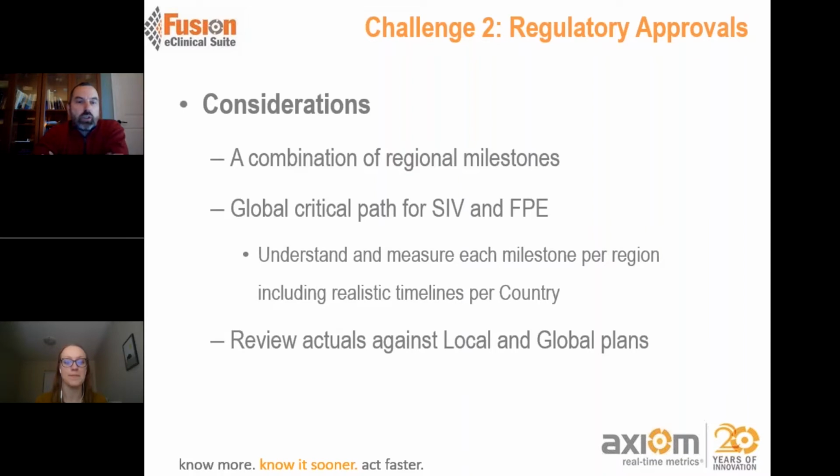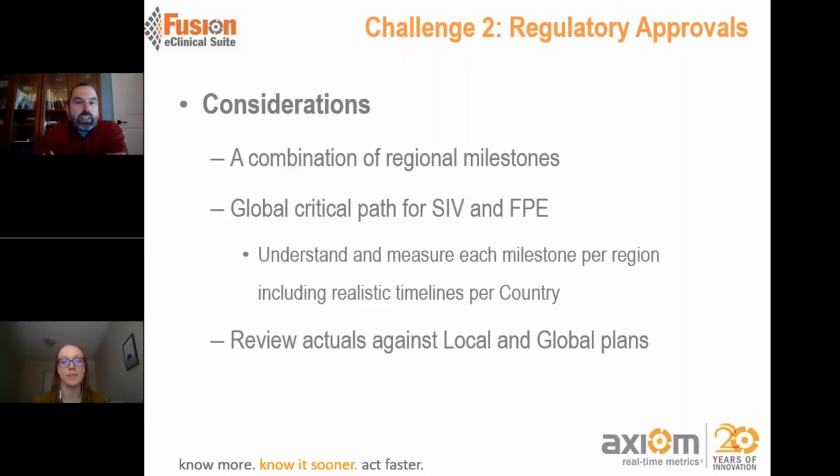You want to make sure that you understand each region and what needs to be done and when it needs to be done and how long it will take. And then once you have that regional buildup, you want to take that and overlay it into a global critical path. So you want to understand where you can expend your resources at times when they're going to get the maximum efficiency of result.